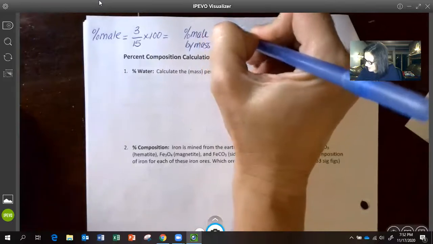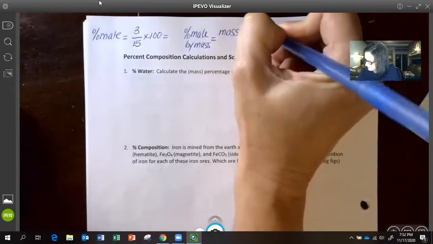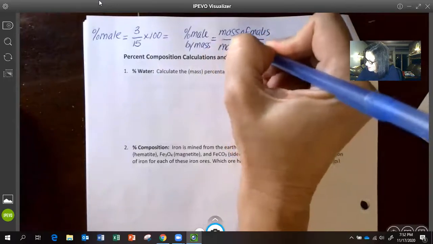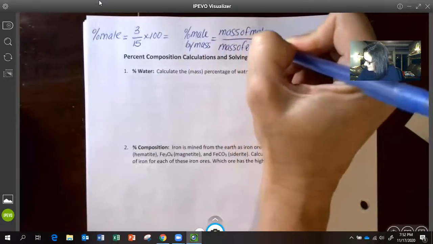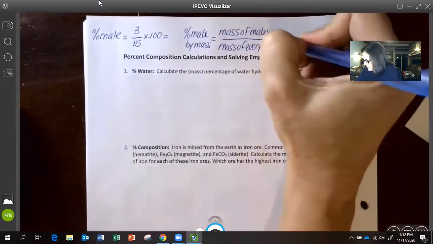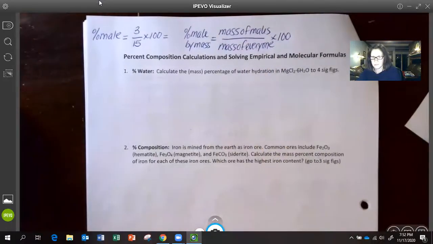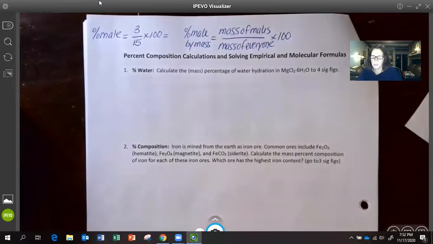Mass of males over mass of everyone. We would need a really big scale, and we're not going to do this, times 100. Okay, so that's called percent composition by mass.